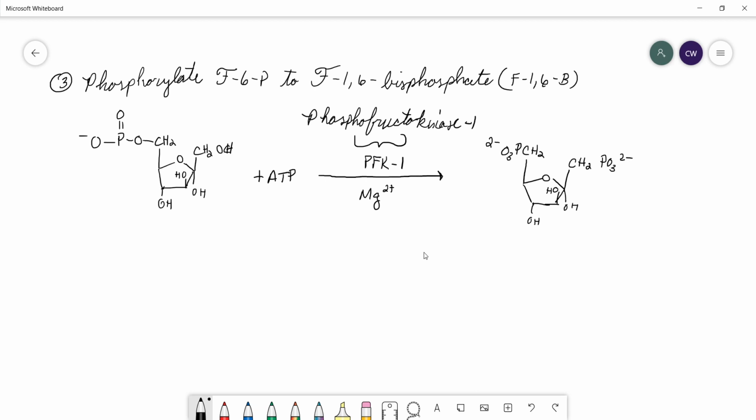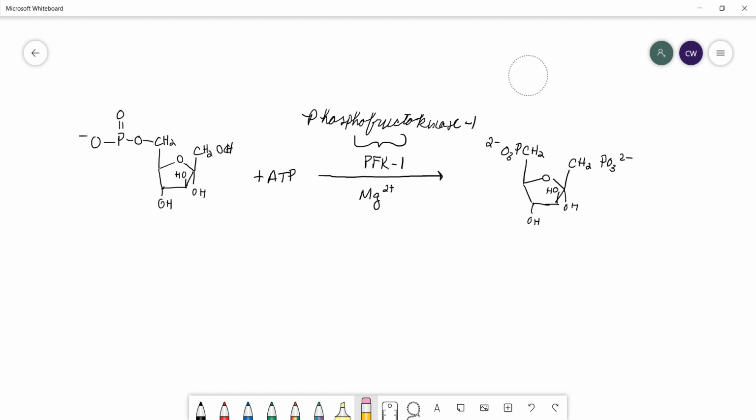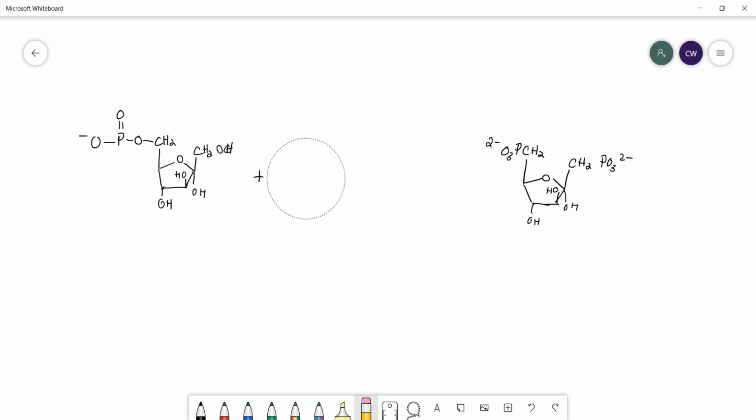But we're still not quite done. Because the next step takes this bisphosphate and preps it to actually go through the pyruvate making functions.